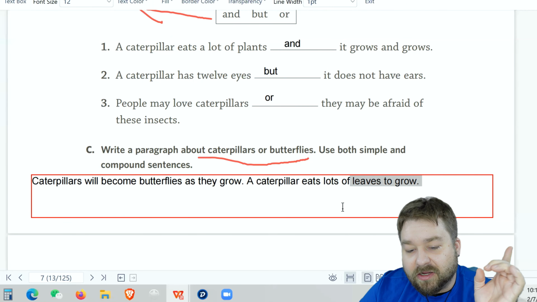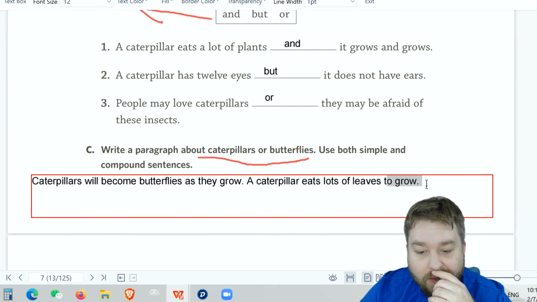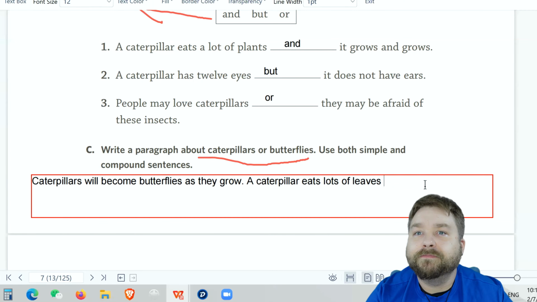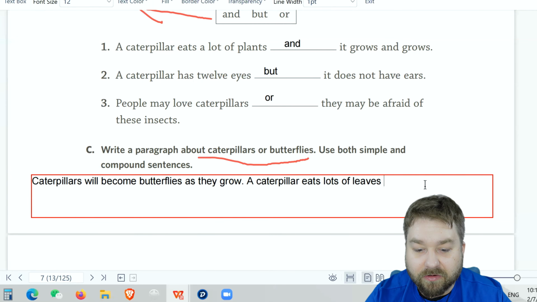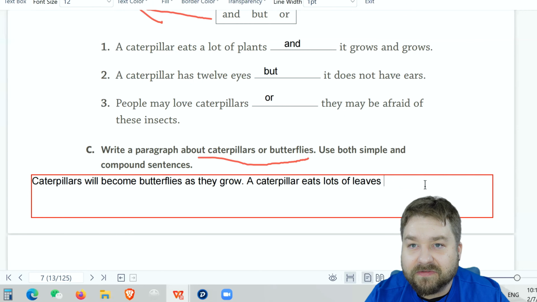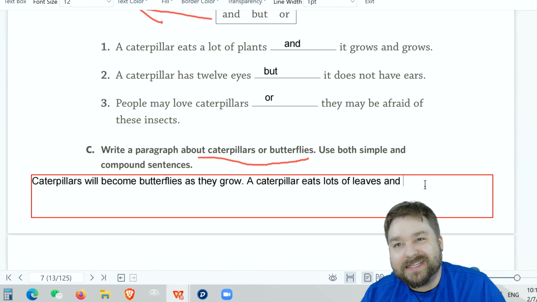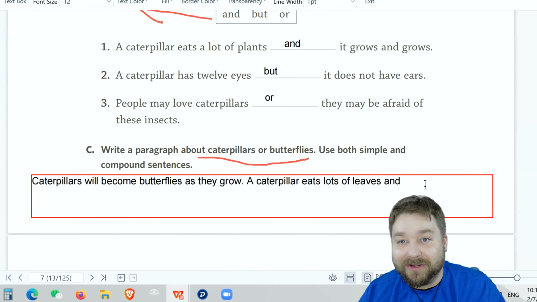So a caterpillar eats lots of leaves, and then what? What does a caterpillar have to do to get bigger, right? Caterpillar eats lots of leaves, and, well, how else does it grow? It has to stay safe, right? Because birds will eat it. You know, if a bird eats it, it doesn't get bigger.